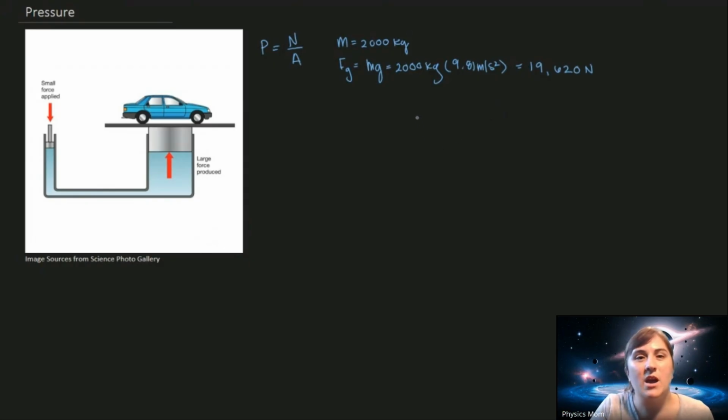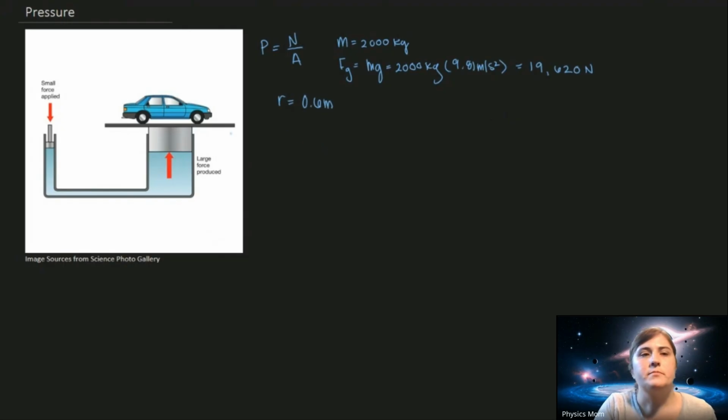So we can use our mighty physics brains to make it easier to lift the car. The car can be sitting on top of a hydraulic lift, and we'll say these are circular cross-sectional areas, so circular tubes. The radius of the circle over which the car sits, we'll say, is 0.6 meters.